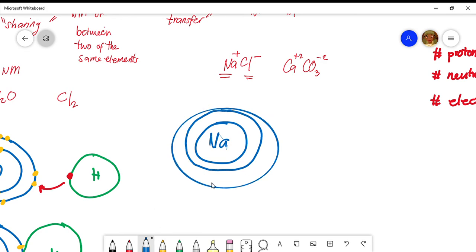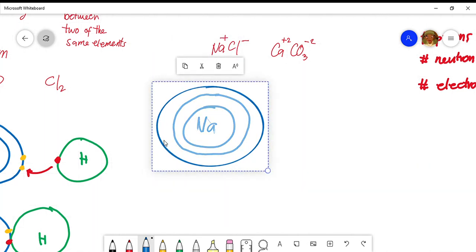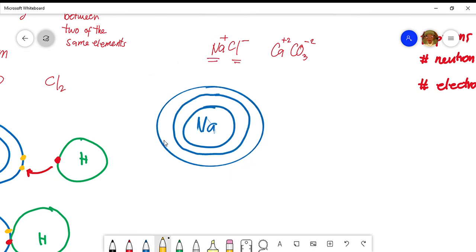Since it has 11, the first energy level can carry 2, the second energy level can carry 8, and we have 2, 4, 6, 8, 10, and the 11. So the number of electrons for this is 11.